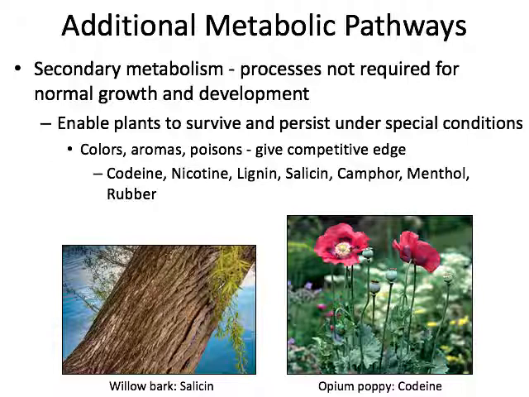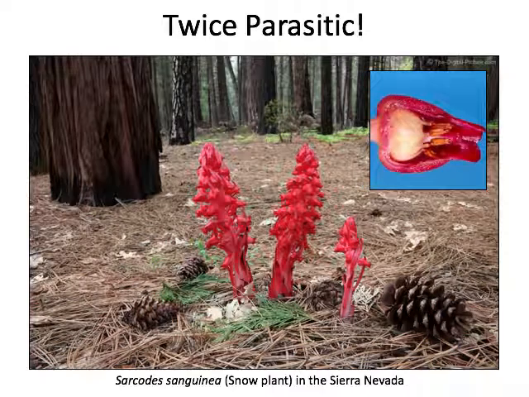For example, the secondary metabolites might give plants their color, aroma, or poisons. This gives them a competitive edge. Substances such as codeine, nicotine, lignin, salicin, camphor, menthol, and rubber are all examples of products made by secondary metabolism.